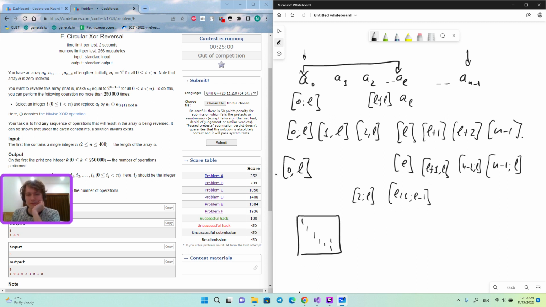I can make something like this. Then I can... Okay, I think I just need to swap two rows and that's it.